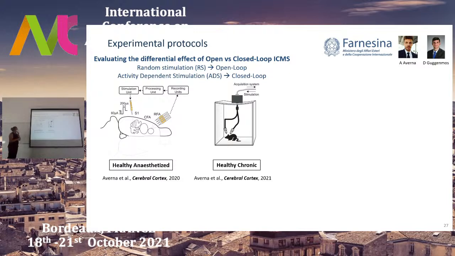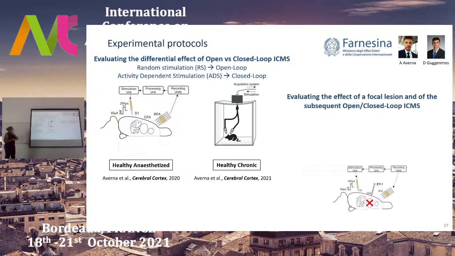We performed 4 experimental campaigns in which we wanted to study the effect of this closed loop stimulation in the healthy anesthetized animal, to check what effect this type of open versus closed loop stimulation has in terms of electrophysiological pattern. The same was then studied in healthy chronic animals, so behaving animals.